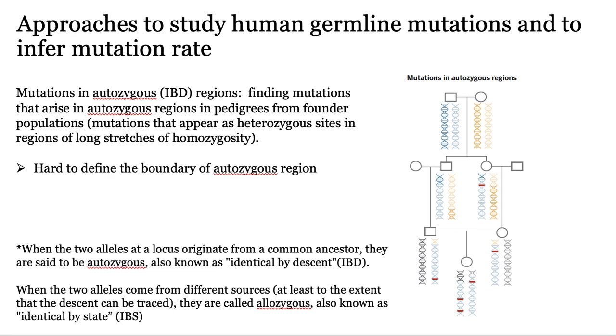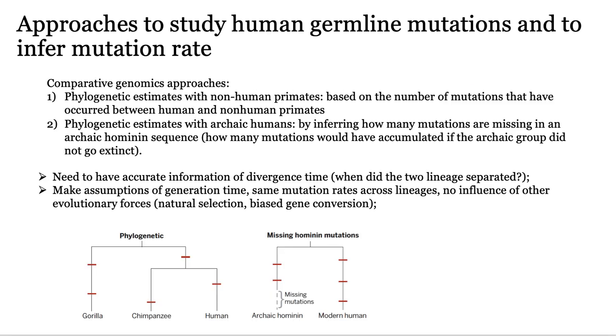They no longer have new mutations introduced to the DNA. So we can count the difference, how many of the mutations we expect to see but we didn't observe. Those mutations represent the mutations that can happen in this specific time frame. So that's another approach to estimate mutation rate.